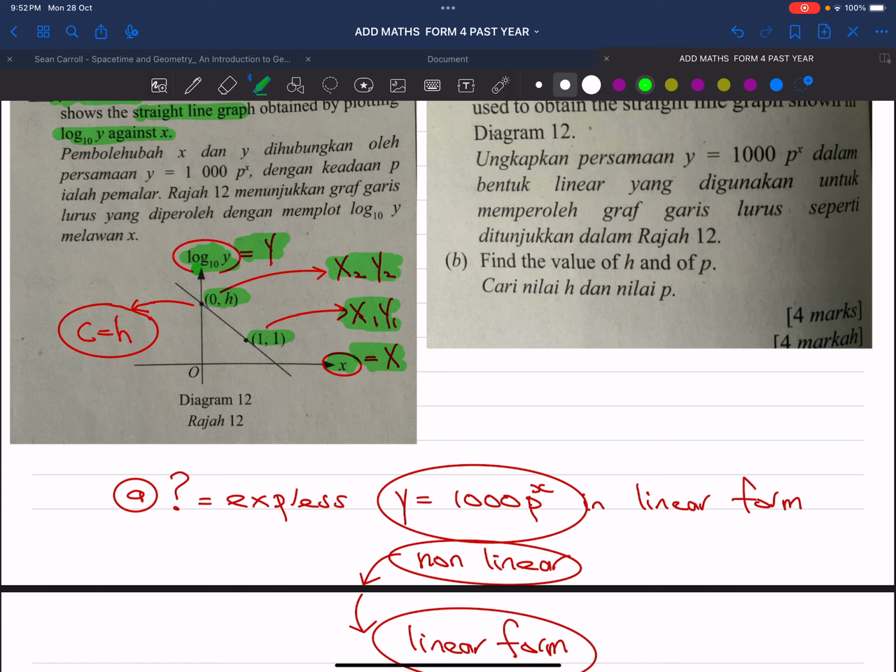And don't forget that this point is on the y-axis, therefore the x is 0. And the h is actually the y-intercept in the straight line. The h is the y-intercept, the c. So now we have c equals h.